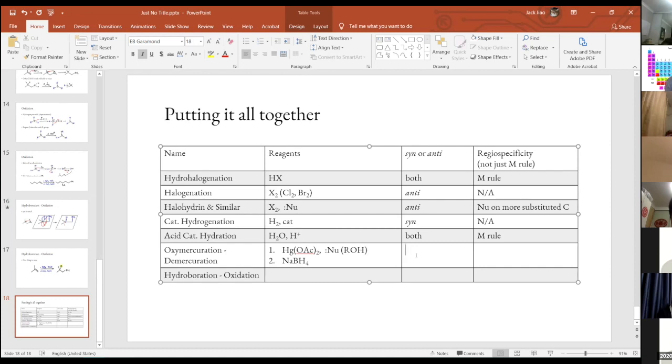Obviously, this is also anti because there is a three-membered ring. So this is Markovnikov, not anti-Markovnikov. I'm thinking about the hydroboration. I'll just add no rearrangement.